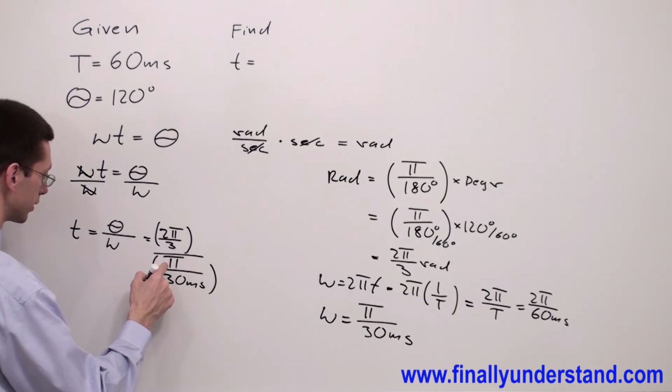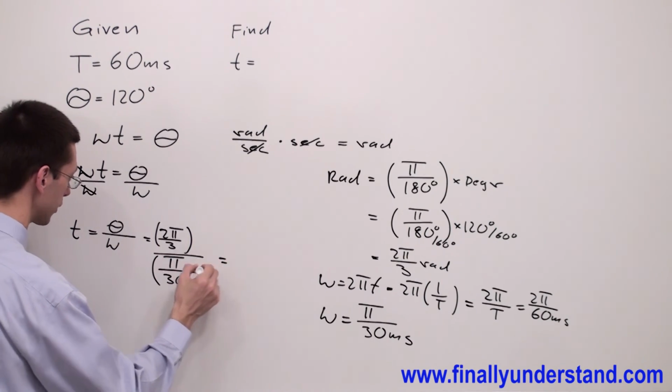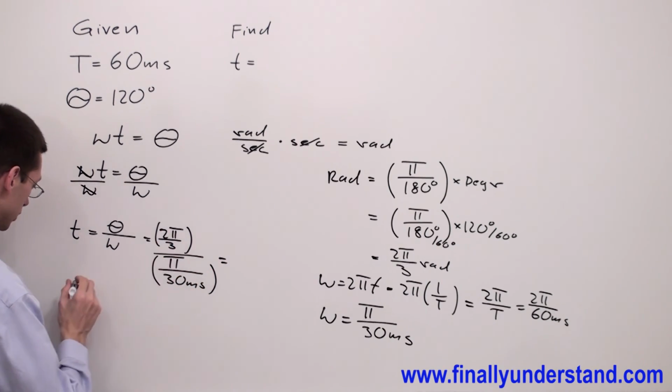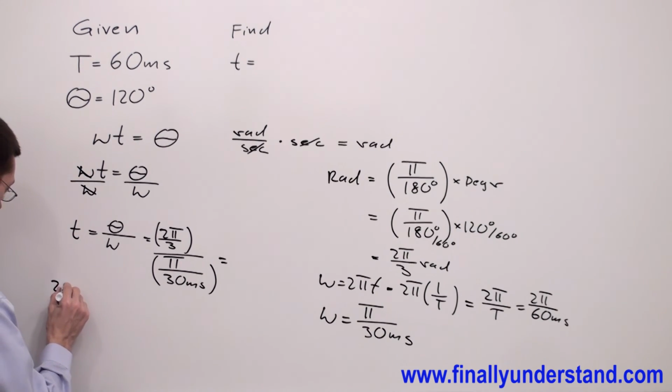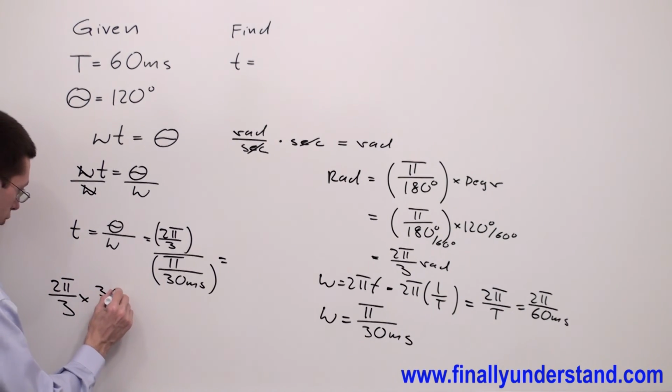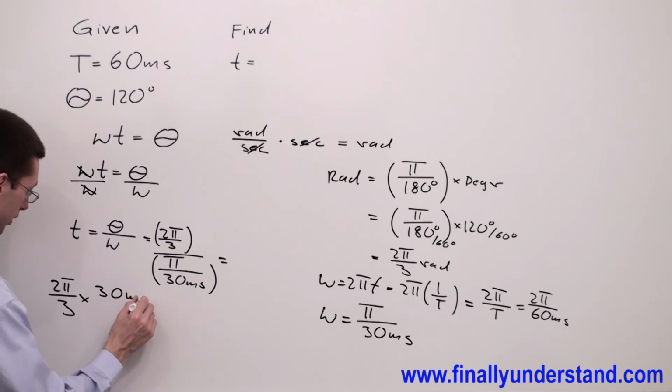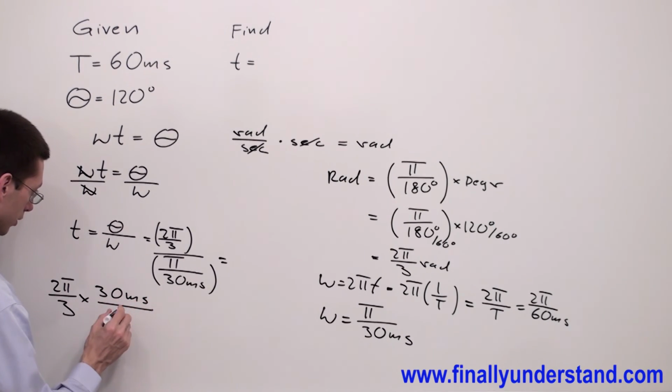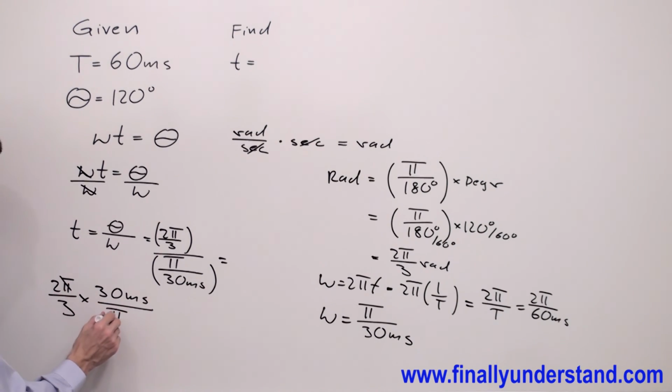Now we have to divide fractions. Anytime we divide fractions, we copy the first fraction down and multiply by the reciprocal of the second fraction. So I have 30 milliseconds over pi. Pi and pi will cancel out.